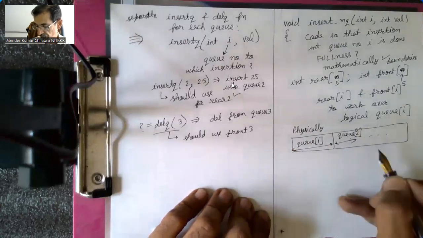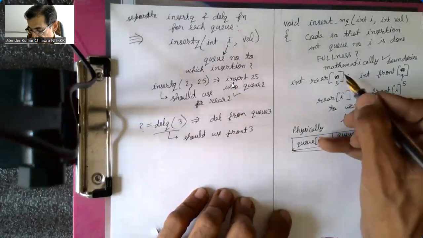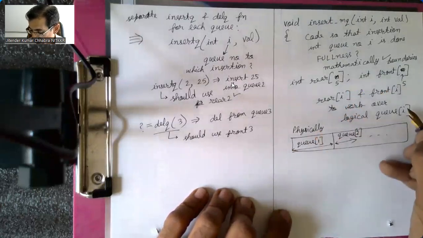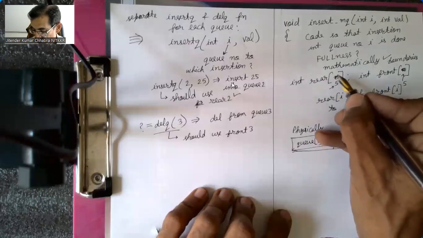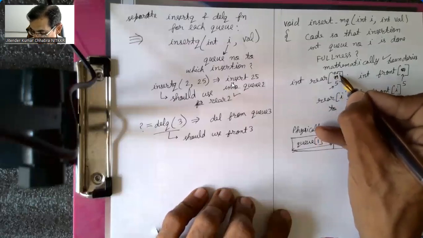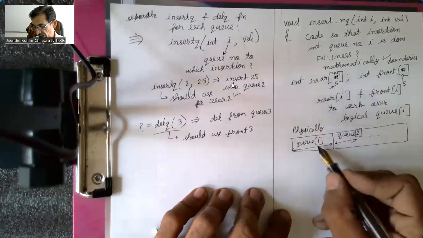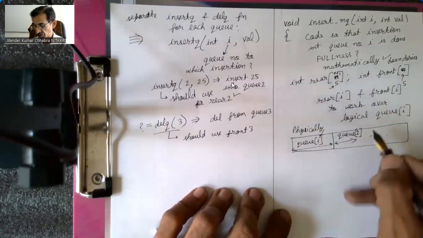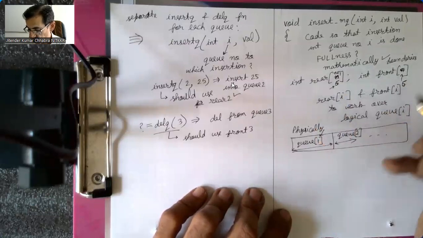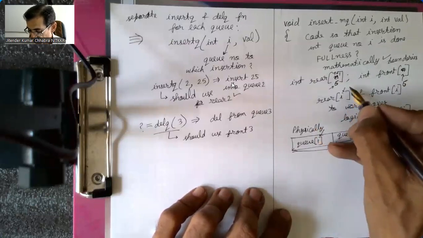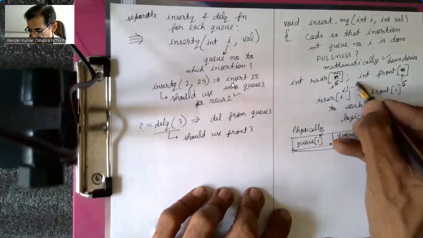And so on. To be precise, you will need one extra rear variable because indexes start with 0. So ideally, I should have n plus 1 here because for rear, I am saying 1 to n. So that will mean this size should be 6. This also should be 6 because in this case, 1 to n is being used.